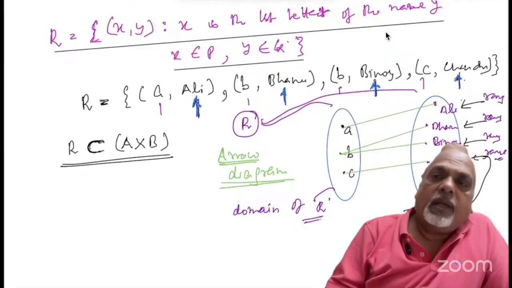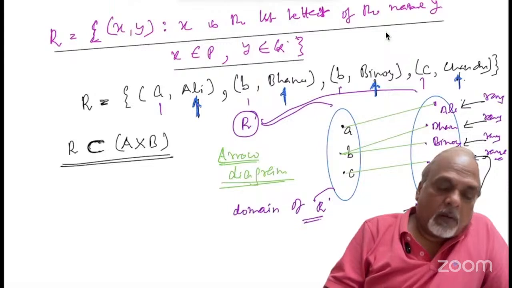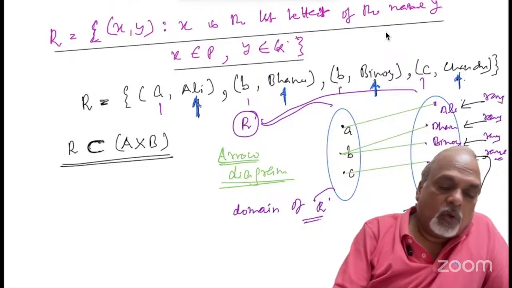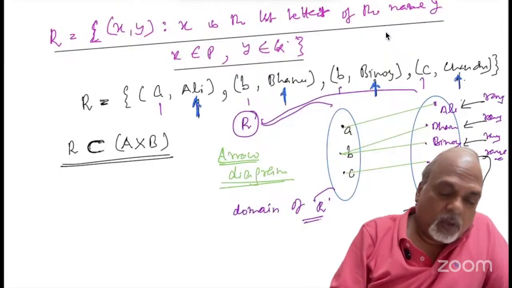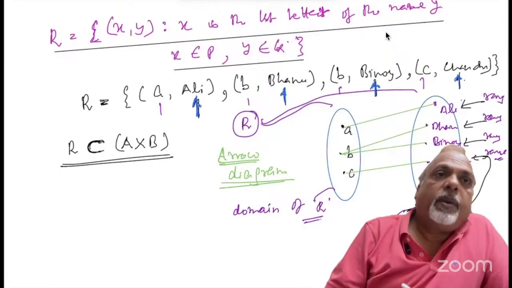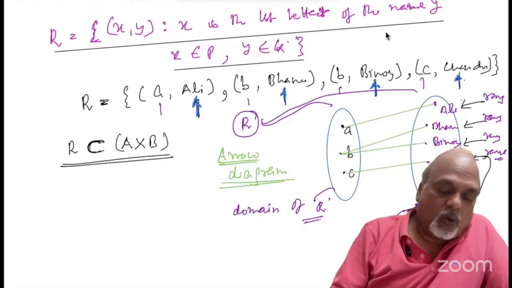It is not the image of any element of the set A. That's why those which are the images are called range, domain and range. But this whole set B is called codomain.